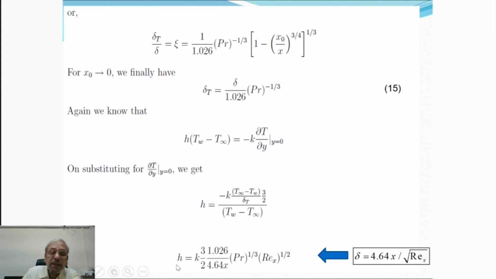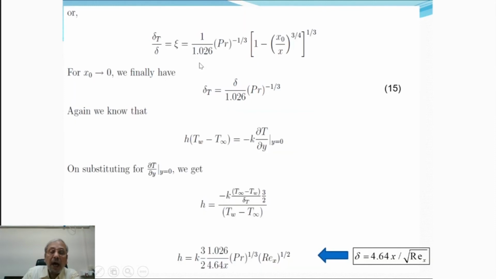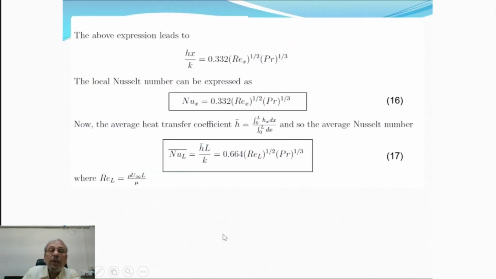If we do this, we will get this expression, and from this expression, if we collect h, take x to one side and k to the other side, we will get hx by k, which is nothing but Nusselt number, and with a little algebraic operation we will get 0.332 Reynolds number to the power half, Prandtl number to the power 1/3.